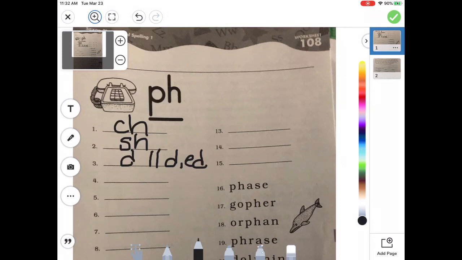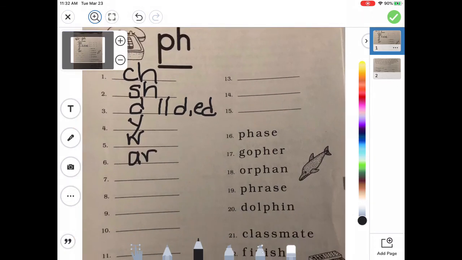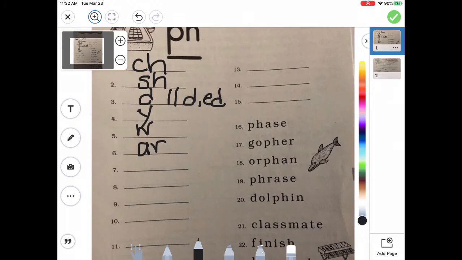What about the Y sound? Y, good job. What about the W sound? W, awesome. What about the R sound, if I want to spell the R sound? AR, good job. All right, and then what about the OI sound? OI. It could be OI in the middle or beginning, or what could it be at the end?